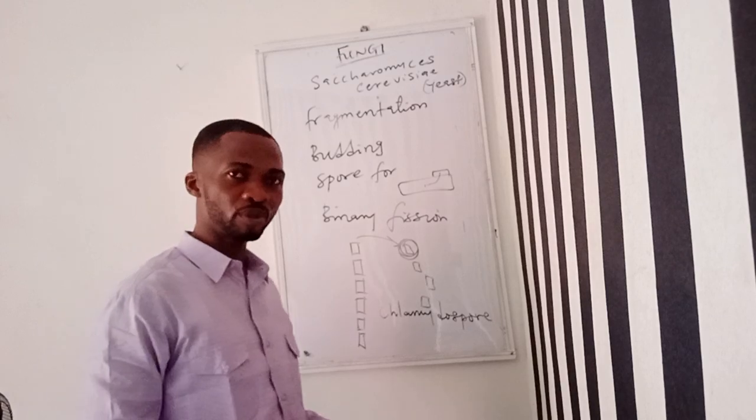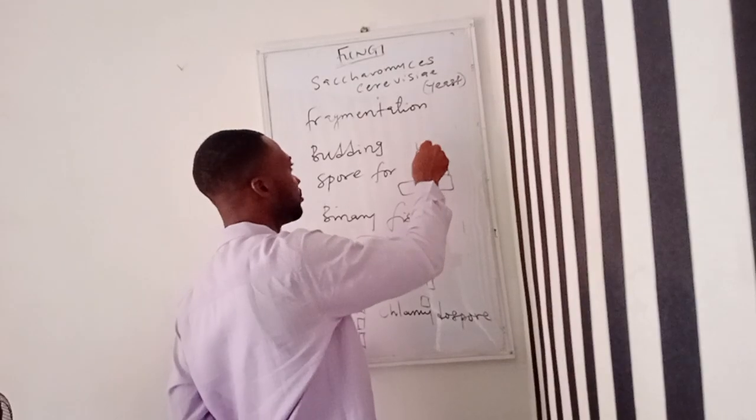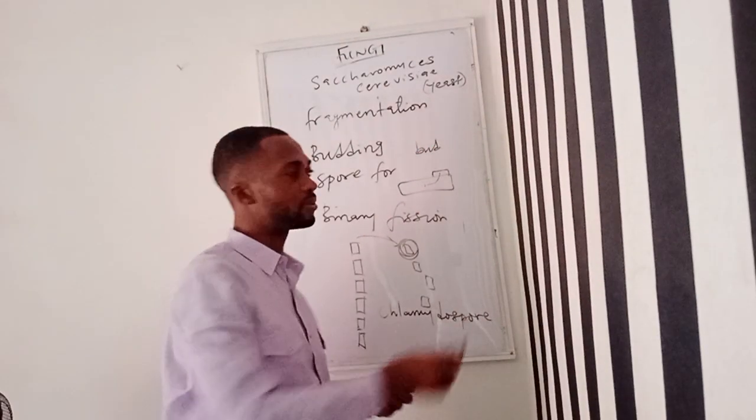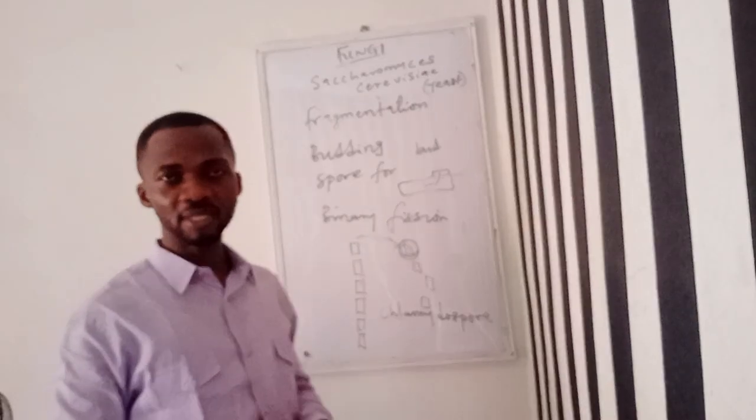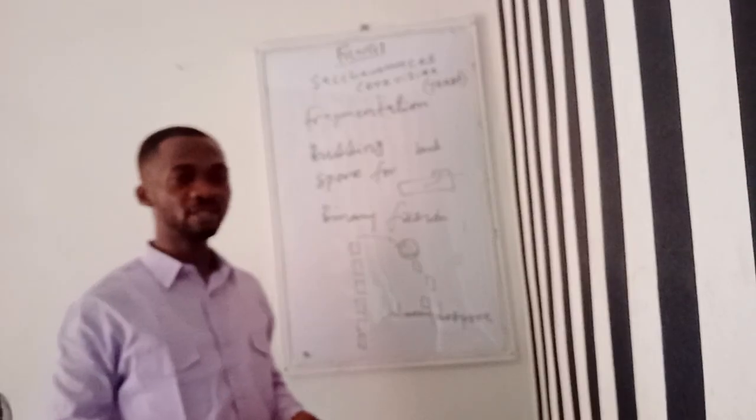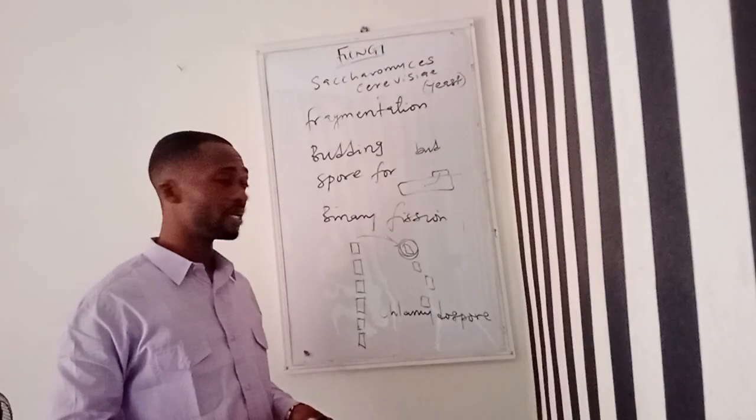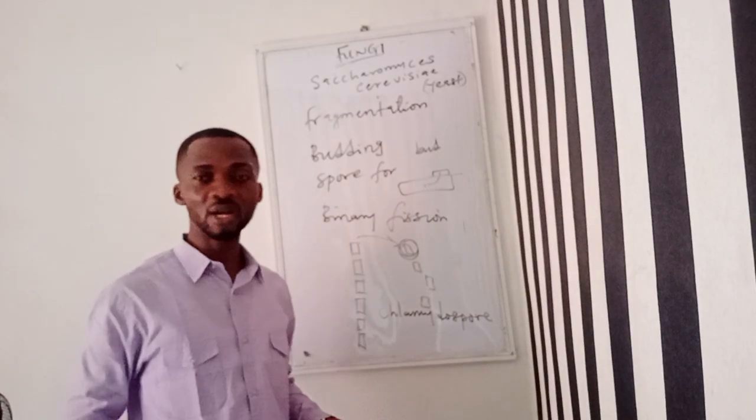Once a mature bud is formed, it detaches from the parent body to live an independent life. So this is what we call budding in fungi. It is also another form of asexual reproduction.